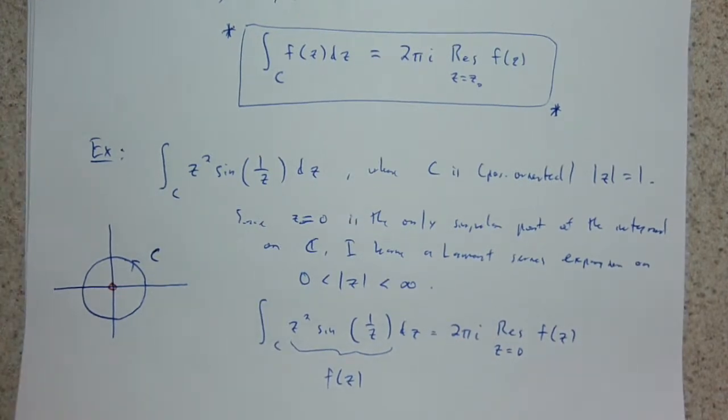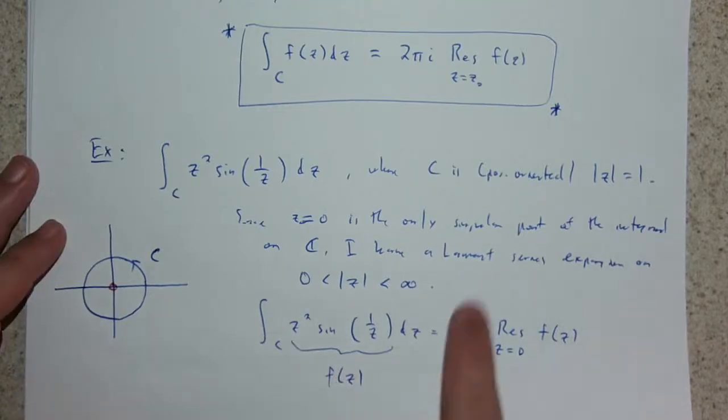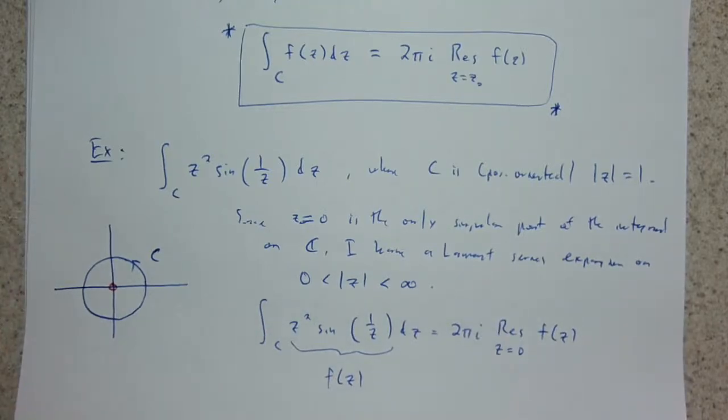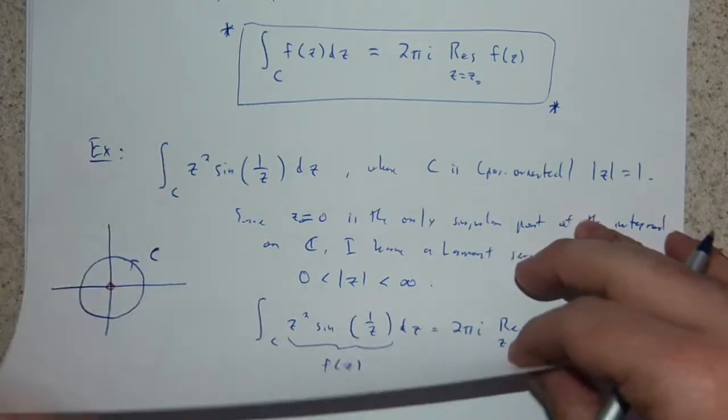So let's figure out what this residue actually is, and we're done. In order to do this, all I need to do is find the Laurent series and find what b sub 1 is. So let's do that.